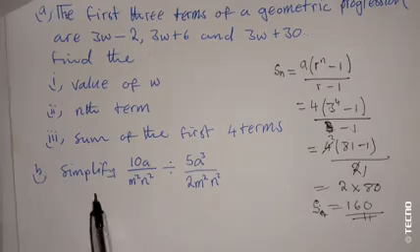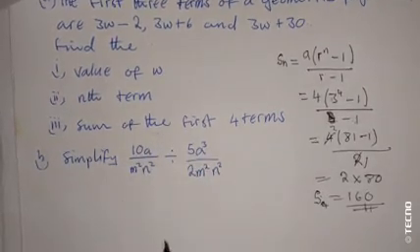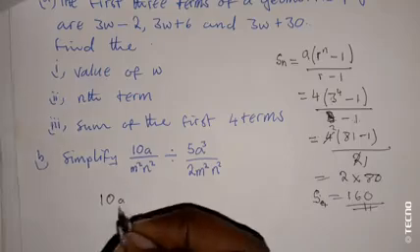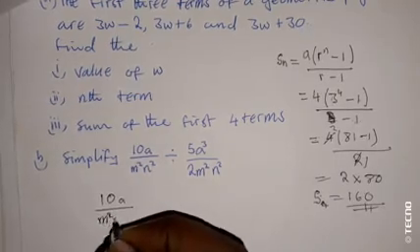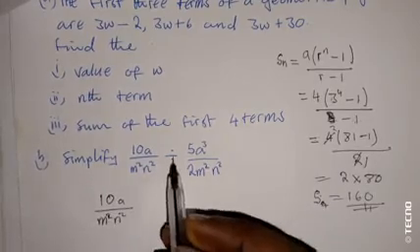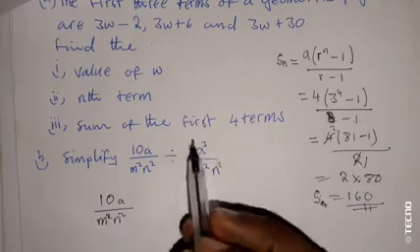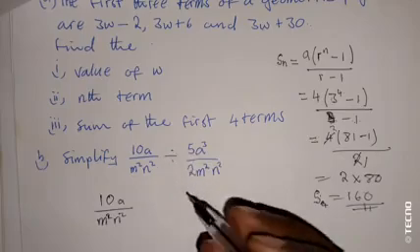Then we come to the last one, which is this one. Simplify. To simplify this one here, we'll simply say it's 10a over m squared n squared, then a division line. So if there's a division, we know when answering like this, we are going to change this division into multiplication.